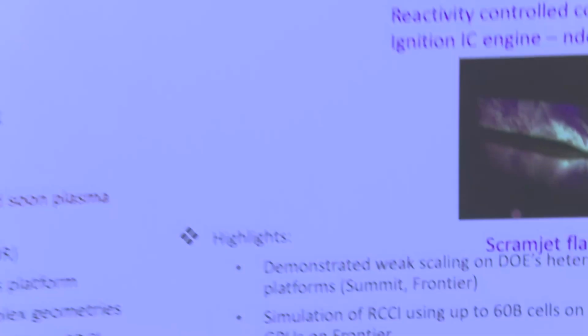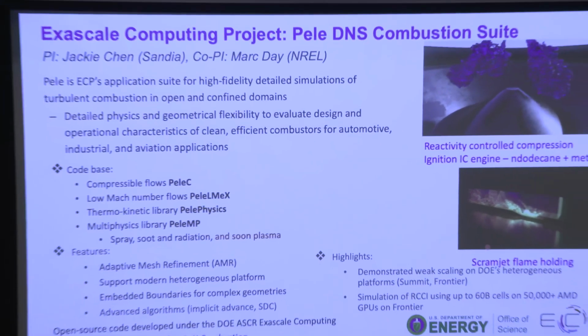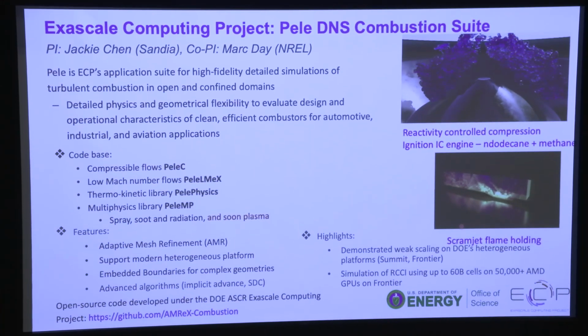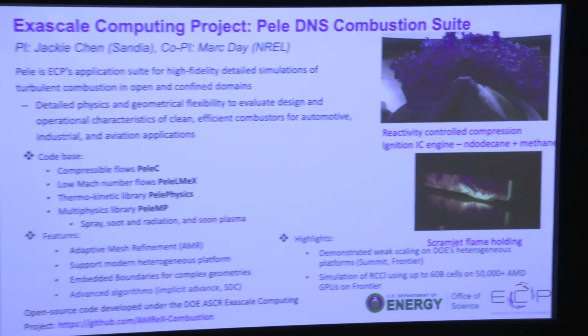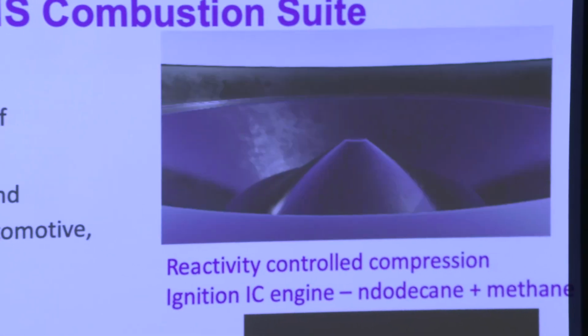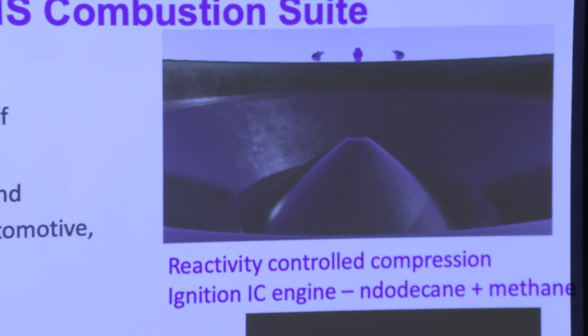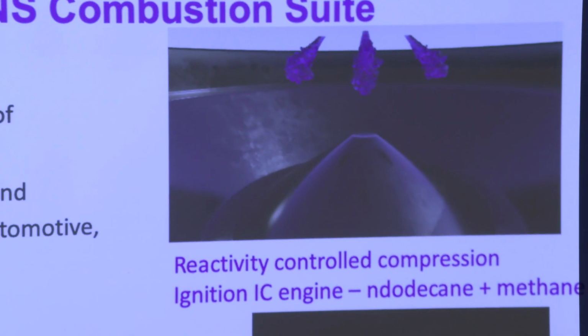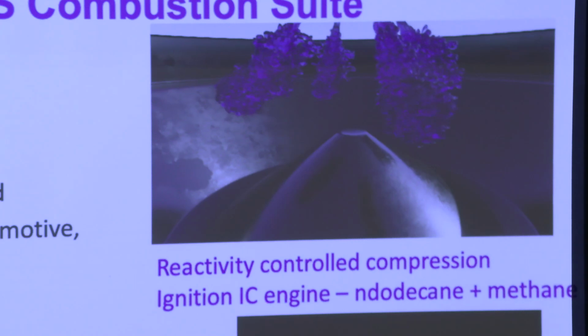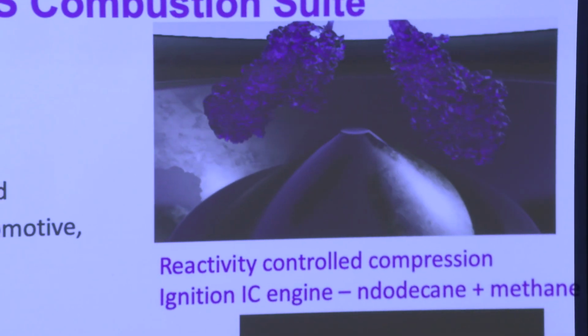So this is just a movie in the upper right corner showing a reactivity-controlled compression ignition engine, where we inject n-dodecane, 4 jets inside of a piston engine that had previously contained methane. So it's like a dual injection, multi-injection compression ignition problem.